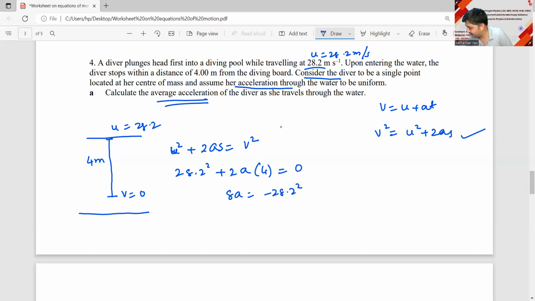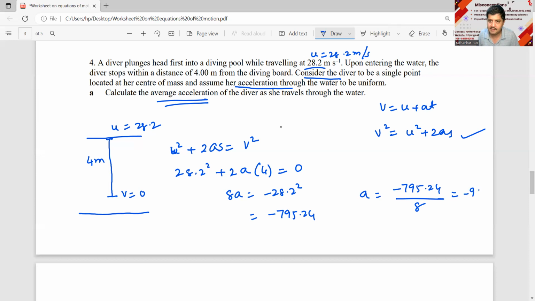Where is my calculator? 28.2 multiplied by 28.2 is 795.24, so I get this answer as minus 795.24. The value of a thus is equal to minus 795.24 divided by 8, which should now be equal to minus 99.4 meter per second square.